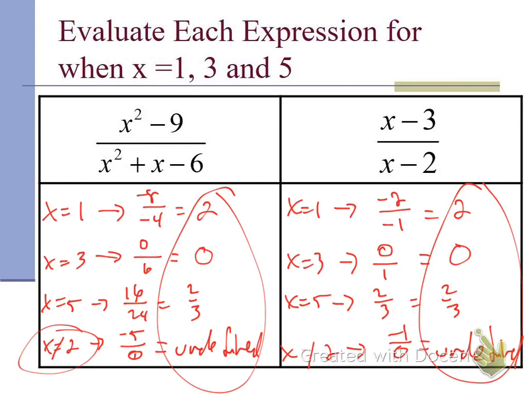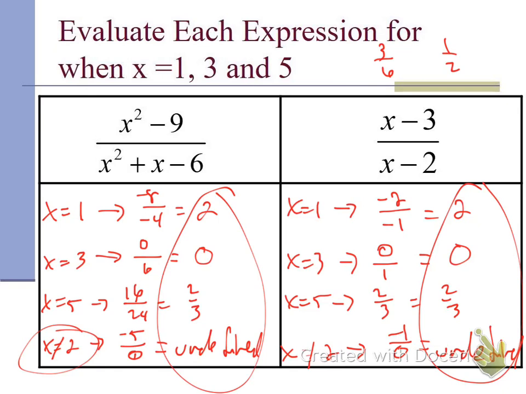I shouldn't say the same. They are equivalent. It's a lot like taking 3 over 6 and 1/2. Those two fractions are equivalent. They mean the same thing. They're both a half, right? 0.5, 50%, however you want to look at it.